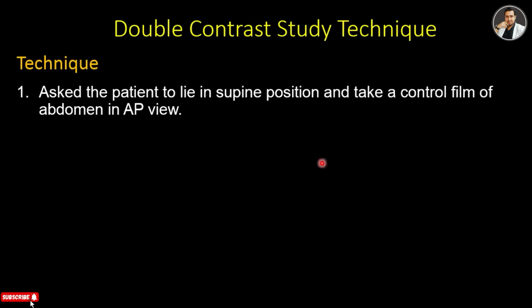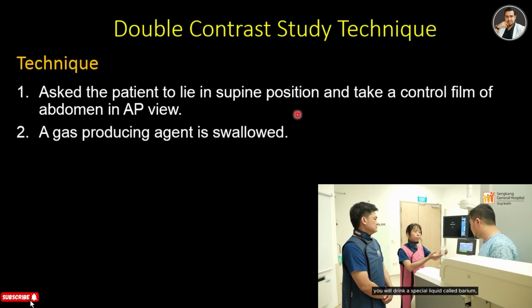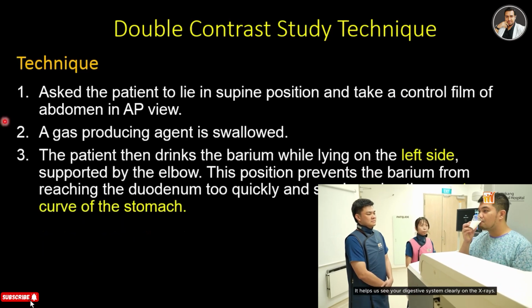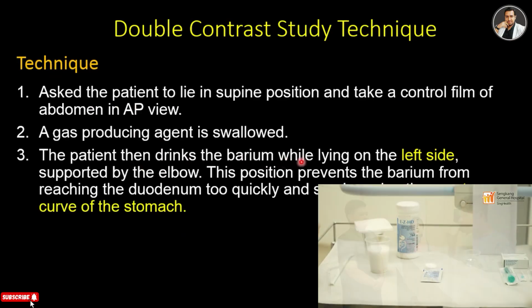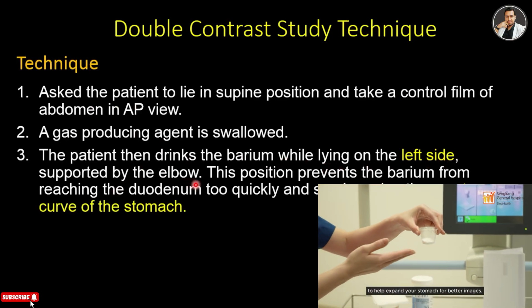So first is the technique. Let's start the technique. At first, take a control film of the abdomen in AP view in supine position, and a gas producing agent is swallowed, and then the patient drinks the barium while lying on the left side supported by the elbow.